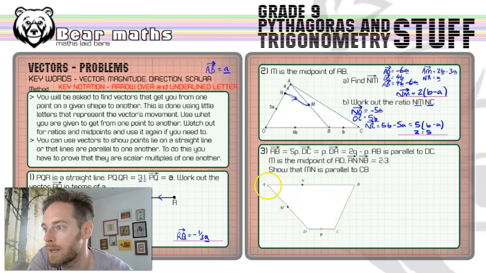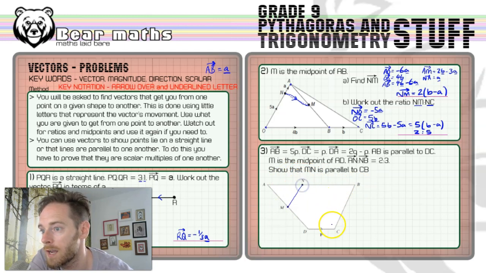M is the midpoint of AD. This is what vectors questions do, chuck loads of information at you. A to N, there to there, is 2 parts out of the 5 parts, because that's 3 parts there. N to B. Show that MN, there to there, is parallel to CB.